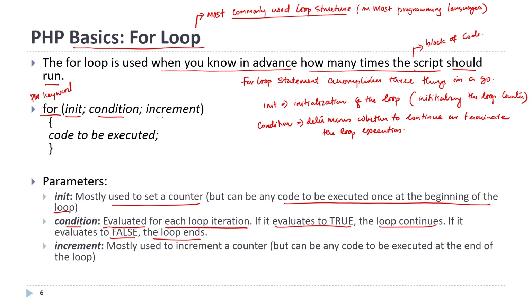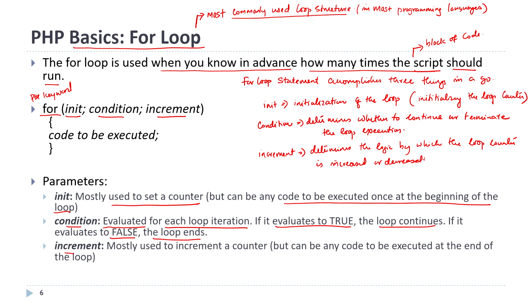Then comes the third one, which is called increment. Increment determines the logic by which the loop counter is increased or decreased.